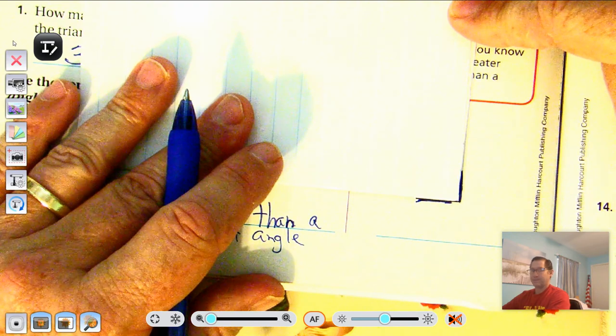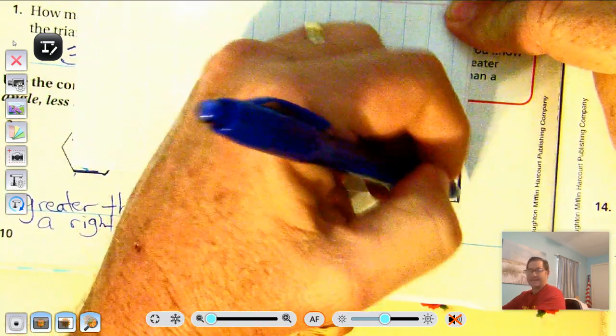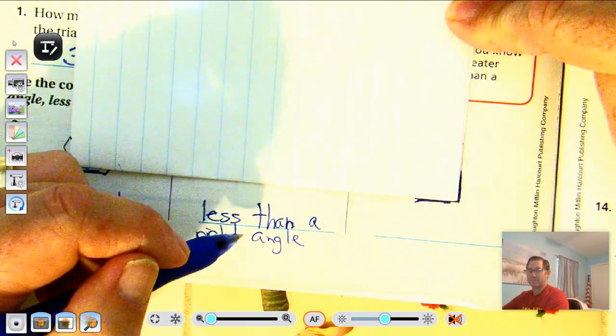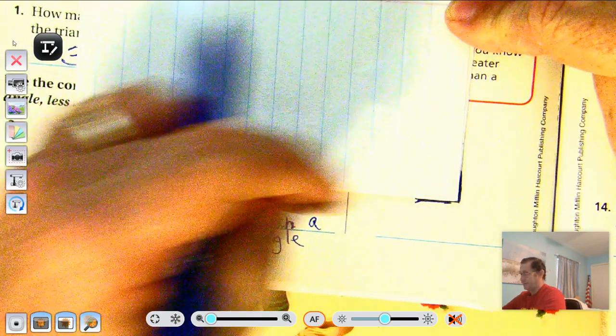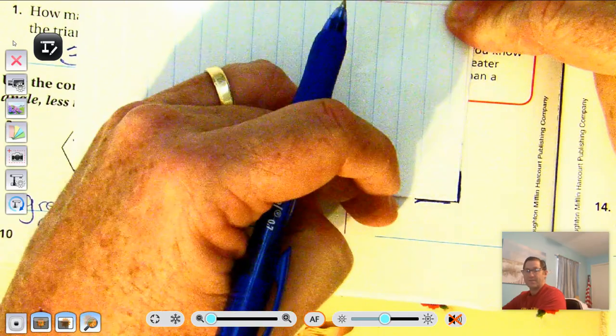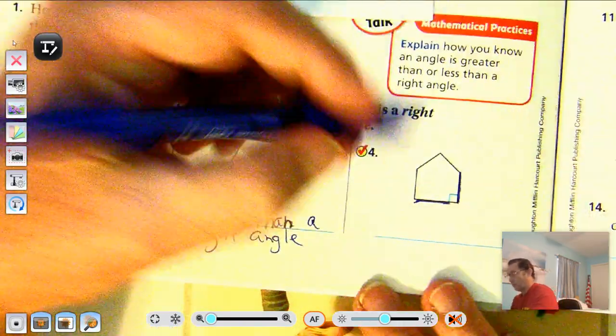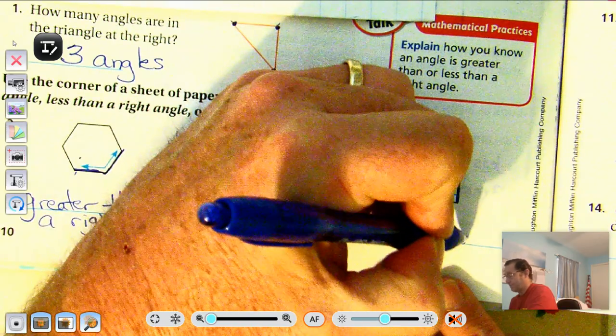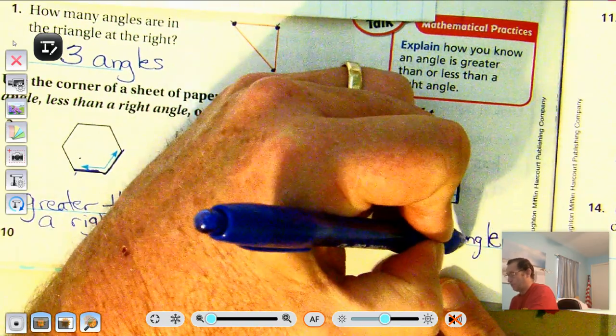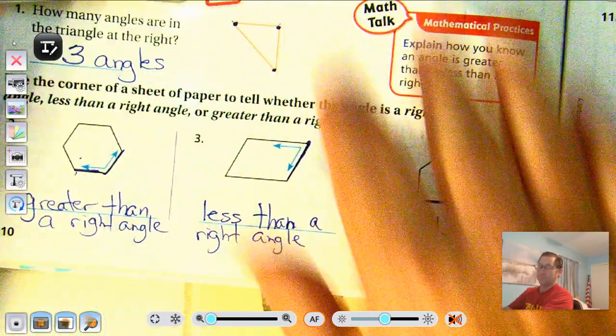So I can see both sides of the angle along the edge of my paper. So I can see both of them touching the edge of my paper, right corner or right angle. I meant to say square corner, which makes a right angle.